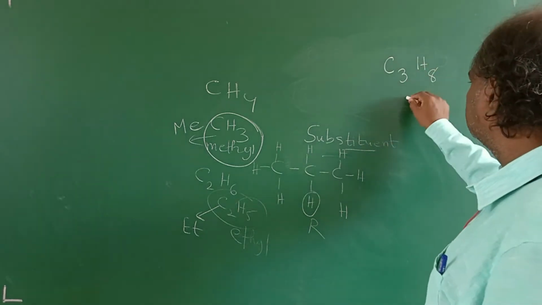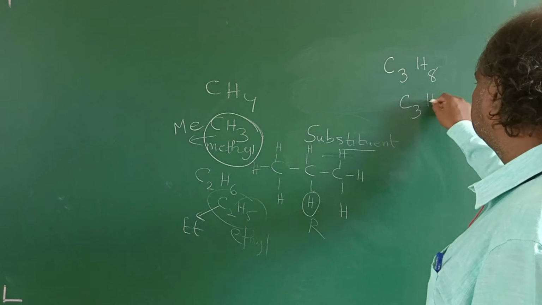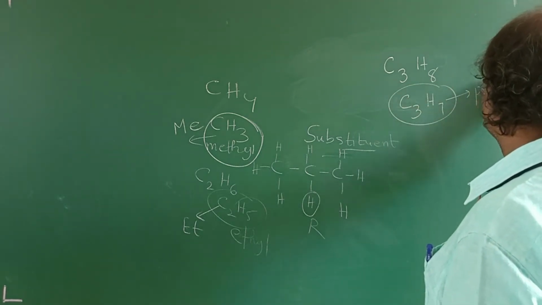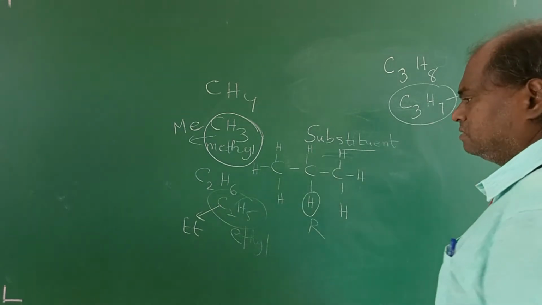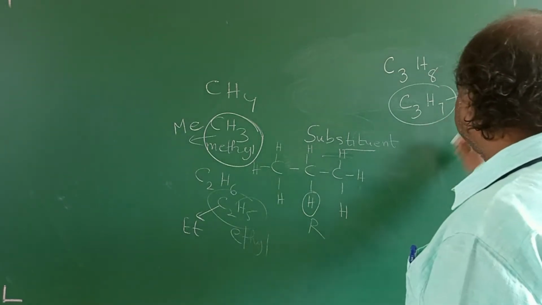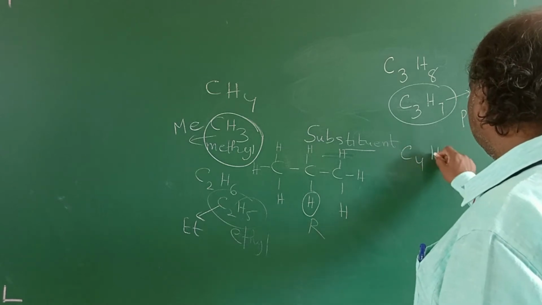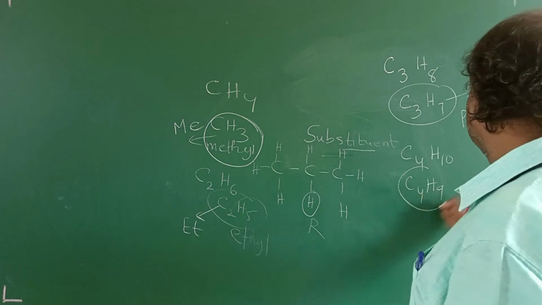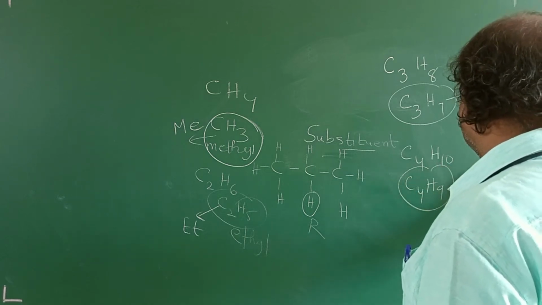Then if you just remove one hydrogen, it becomes C3H7. Now what does this become? Propyl. So we write Pr for this. Similarly, C4H10, C4H9. What is this called? Butyl.